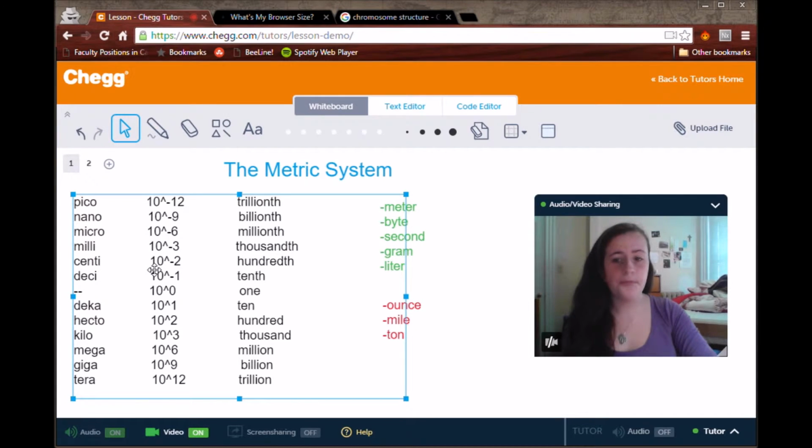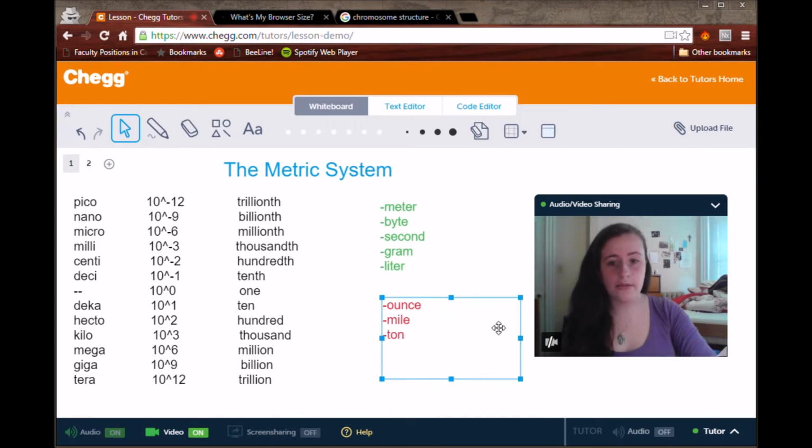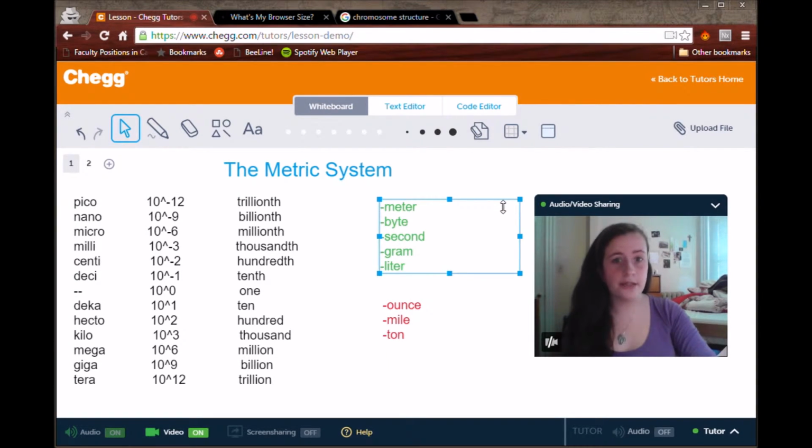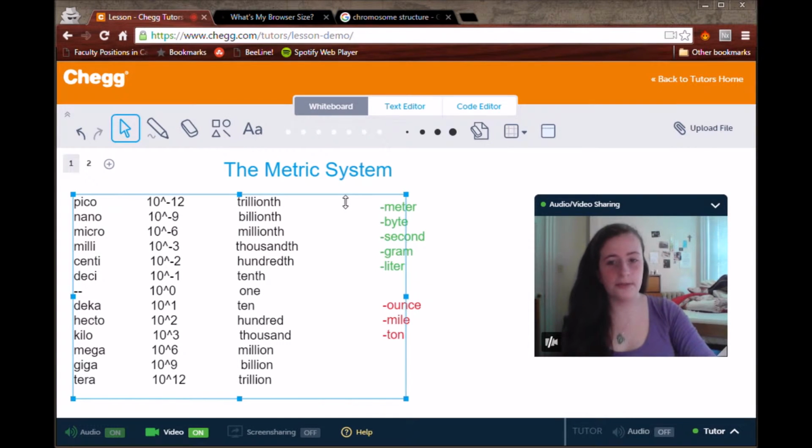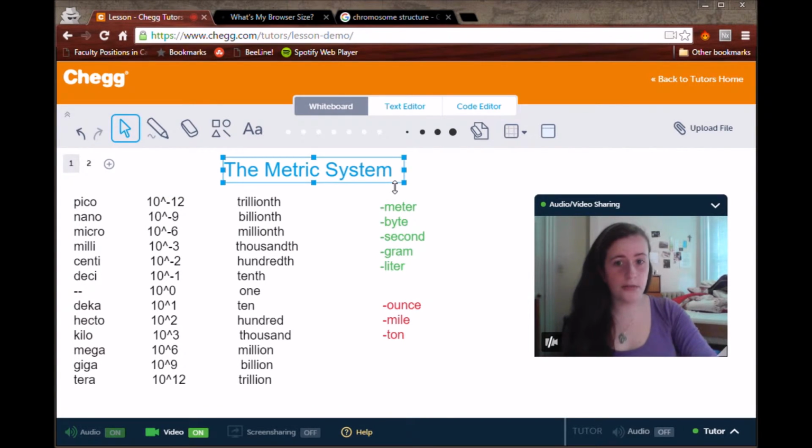So for example, 80 centimeters is the same as 8 decimeters, which is the same as 0.8 meters. Going down even smaller than centimeters, we have millimeters, which are 1,000th of a meter. We have micrometers, which are 1,000,000th of a meter, nanometers, which are 1,000,000,000th of a meter, and then picometers, which are 1,000,000,000,000th of a meter. So we're getting super small.